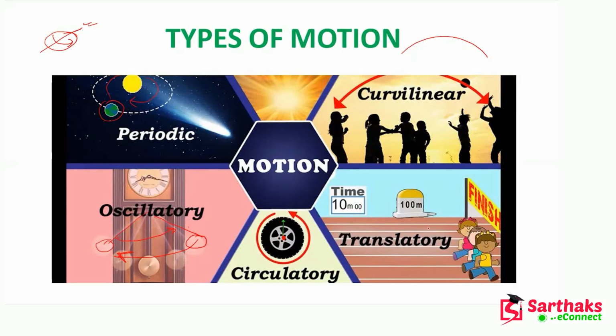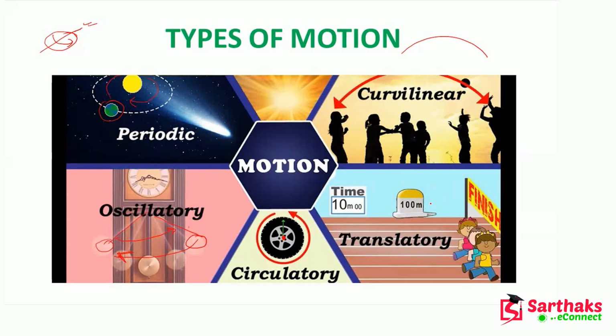Okay, fine. So this is also related to your daily life. Sometimes you are going for a morning walk. Here in this picture, I have shown a 100-meter race and the time given is 10 minutes. But if you are going for a morning walk, then you are moving, you are walking. At that time, it is translatory motion.